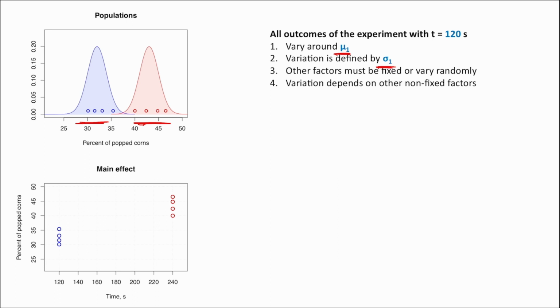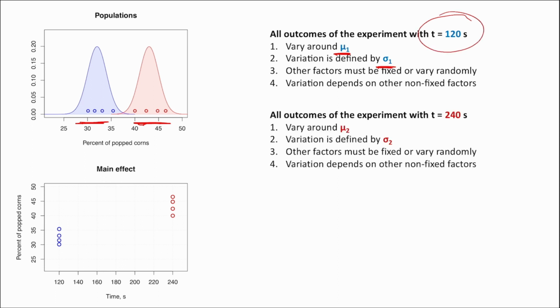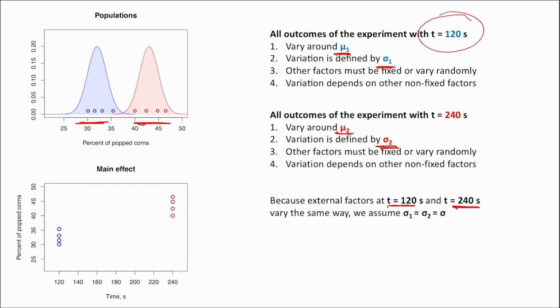It's the average and the standard deviation of the percent of popped corns when I run the experiment with 120 seconds an infinite number of times. The second population has its own parameters, mu2 and sigma2, right? And then look, because I didn't change any external factors, I changed only time, it would be reasonable to assume that the standard deviations are the same. So the standard deviations in these populations are the same.